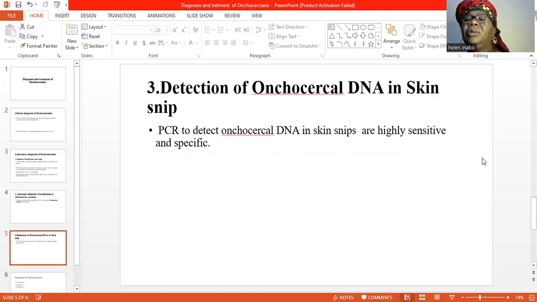Also, the detection of Onchocerca DNA in skin snip can be done using the polymerase chain reaction, PCR. This is usually done in specialized laboratories, and PCR is highly sensitive and specific.